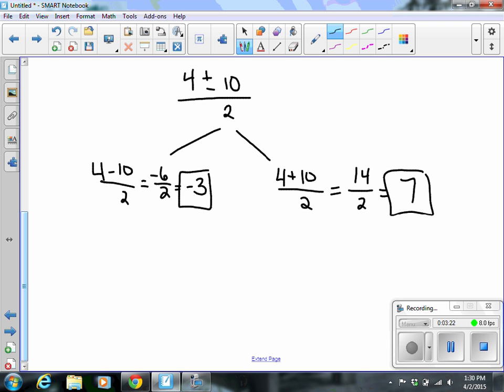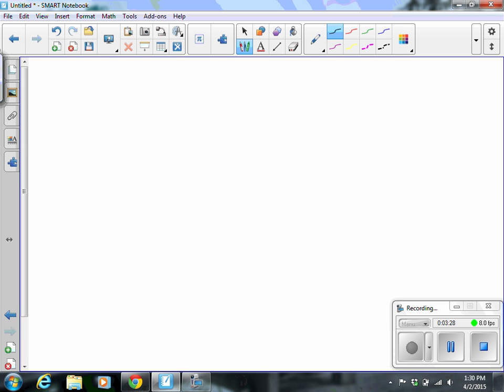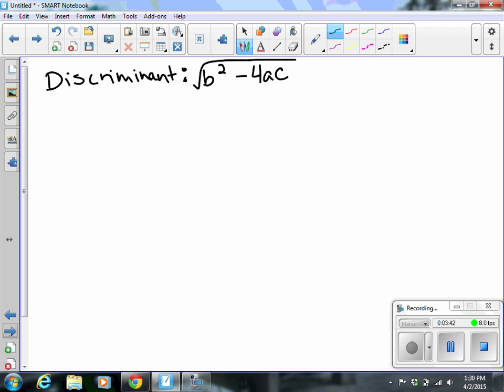So remember how we talked about that we would have at most 2 answers. Using the discriminant, we can determine how many answers we will have. Okay, the discriminant is the square root part.